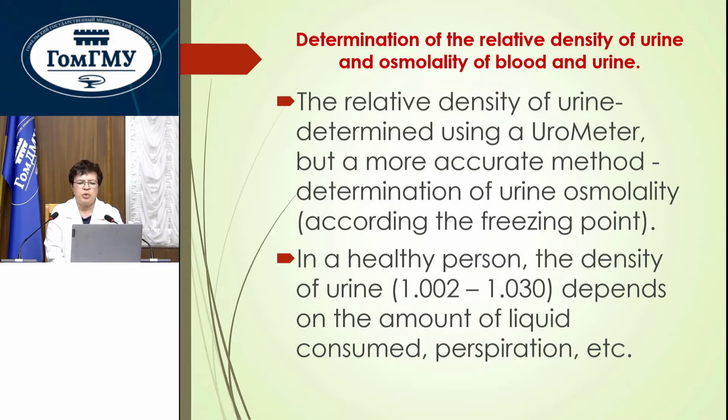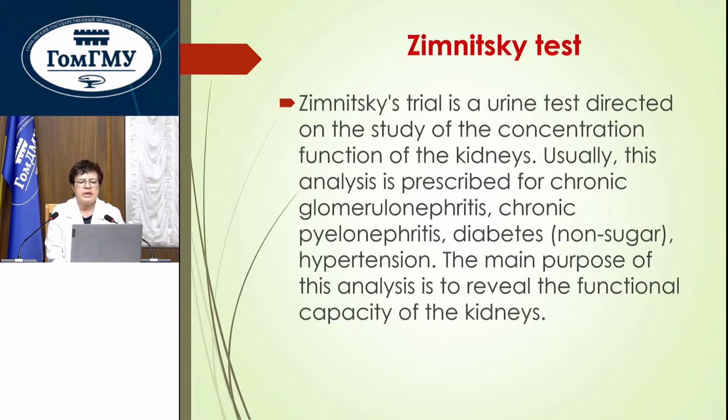the freezing point. In a healthy person, the density of urine depends on the amount of liquid consumed, perspiration, etc. It is from 1.002 to 1.030. Zimnitsky test.